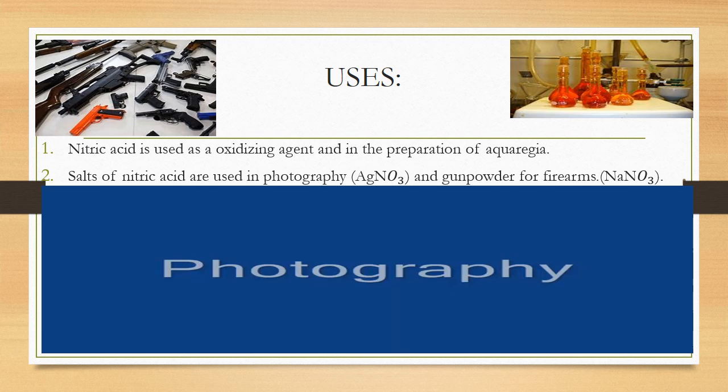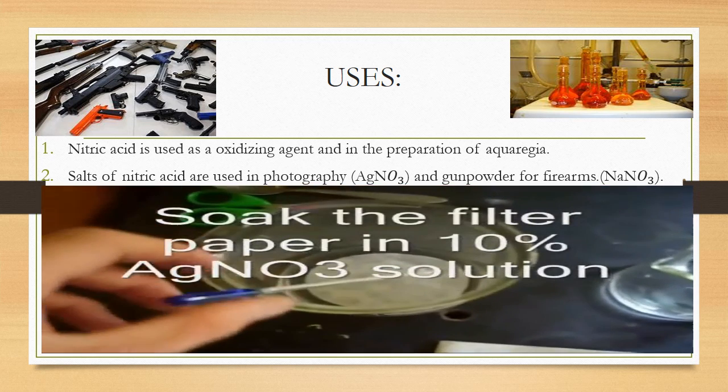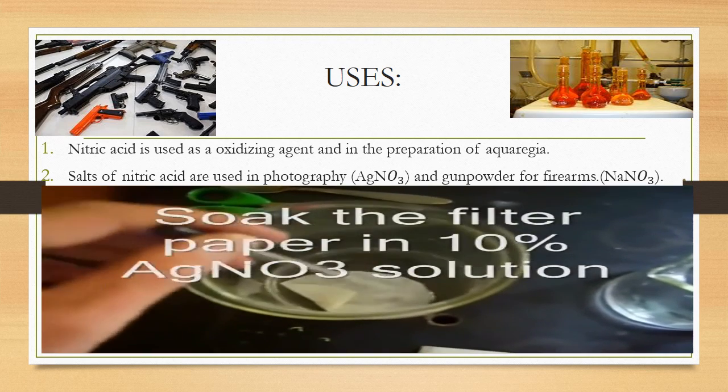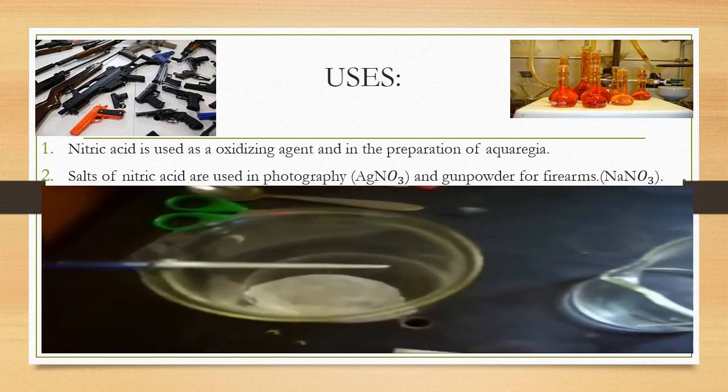The second use is salts of nitric acid, that is NaNO3 and AgNO3 etc. Salts of nitric acid are used in photography and in gunpowder for firearms. So how it is used in photography, let's watch this.